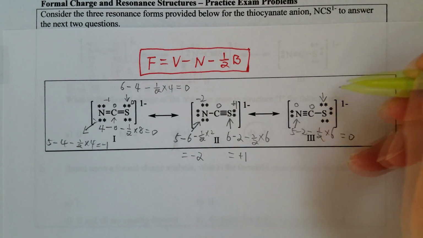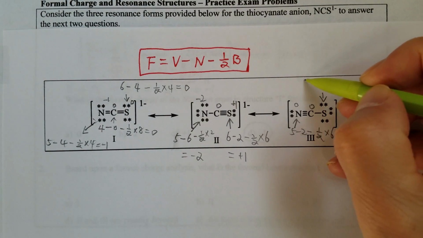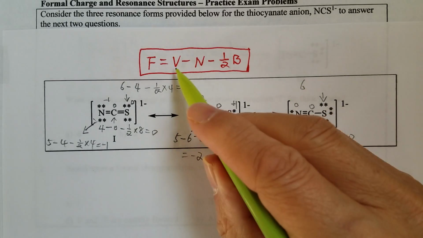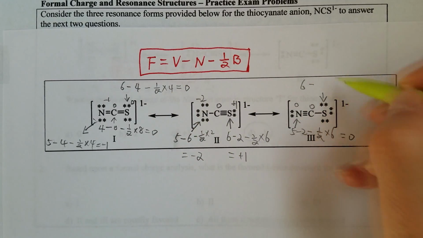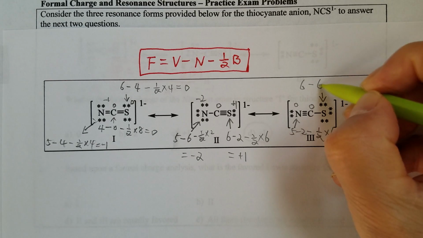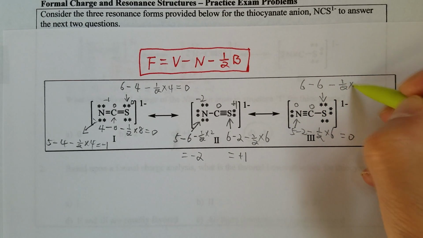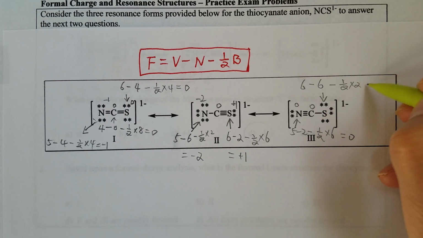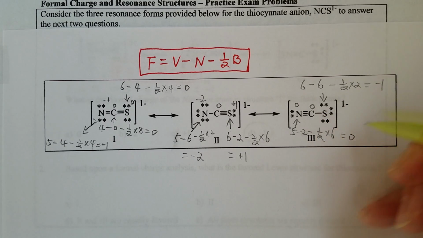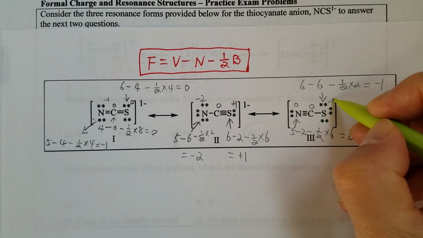Now this is sulfur. Group 6A, 6 valence electrons, 6 non-bonding electrons, and then 2 bonding electrons. That gives us -1.